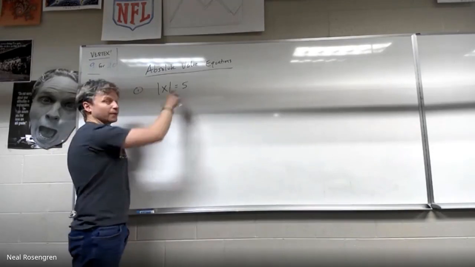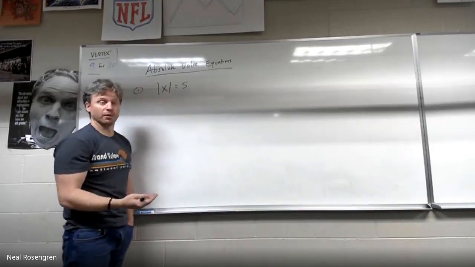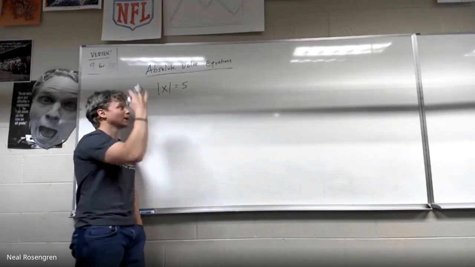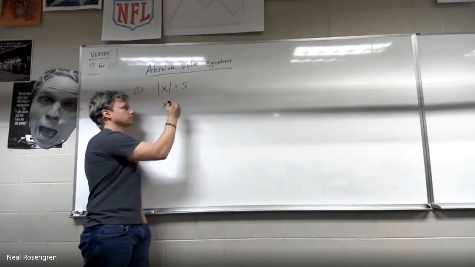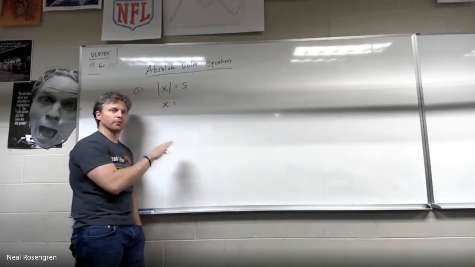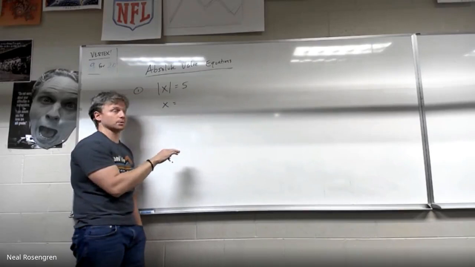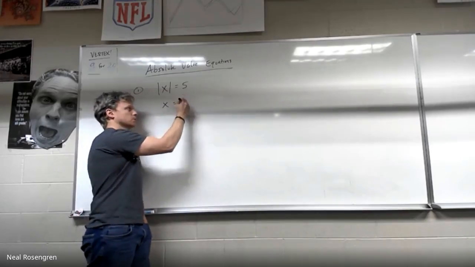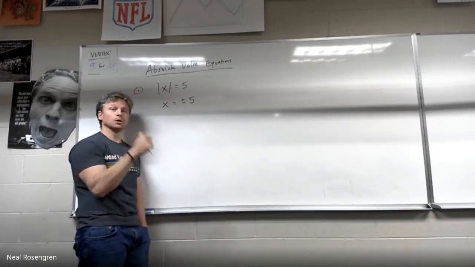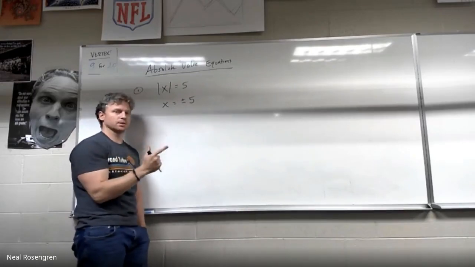One that's going to give you 5, and one that's going to give you -5 in this case. And so here's my setup, here's my plan, here's how I go about these. I drop the absolute value on the left-hand side, but I create an opportunity for me to find both of my answers by dropping a plus or minus in front of the right side. Okay, so we'll lose the absolute value, plus or minus on the right.